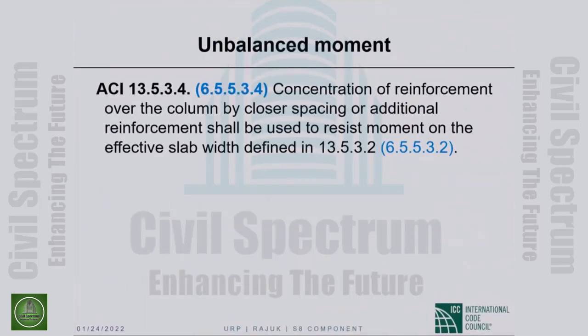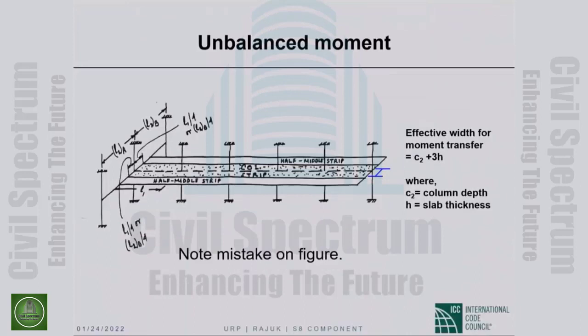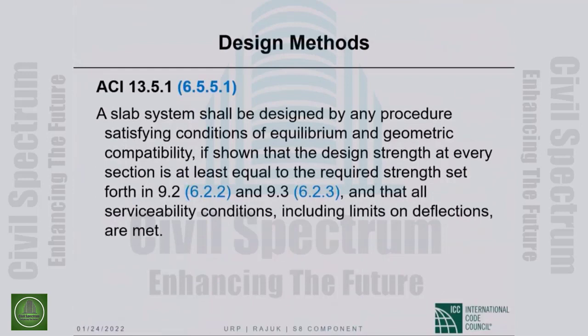So concentration of reinforcement over the column by closer spacing or additional reinforcement shall be used to resist moment on effective slab width. So to take the moment transfer moment within that narrow band may require closer spacing of slab up reinforcement or additional bars, as you will see when I show you an example.